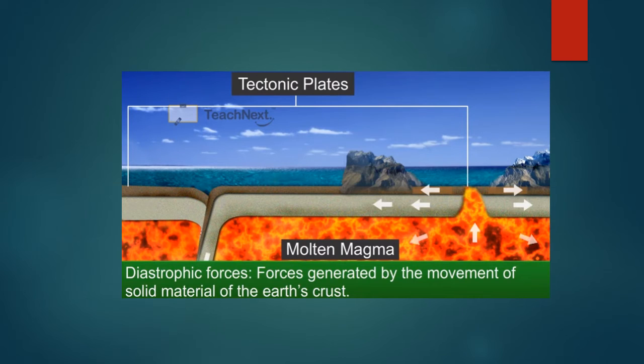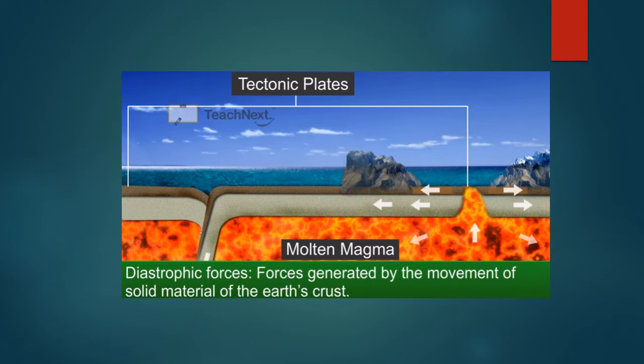Children, I just told you about the endogenic forces, forces which act inside the earth's surface. Due to this, sudden things can happen on the earth. That means they can lead to earthquakes and volcanoes. They come without any warning. They are natural disasters.